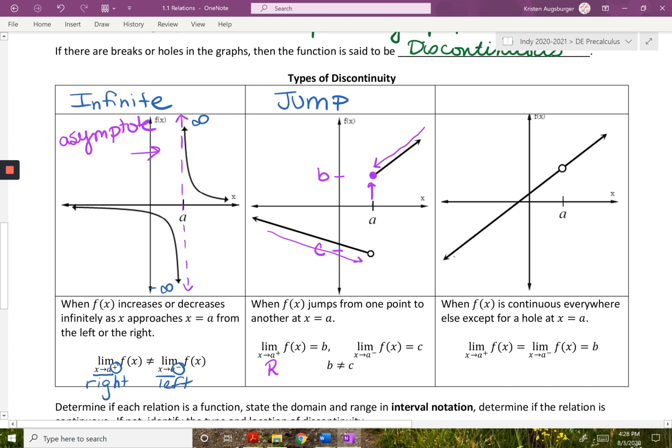This guy, as I roll along from the negative limit, and I roll along from the positive limit, both of them are coming to the same point. They're both going to, they're the same.